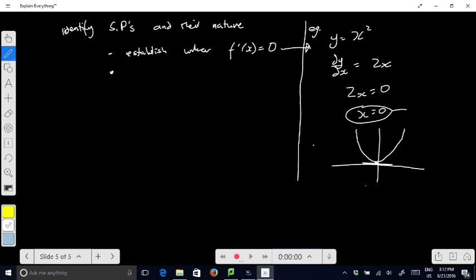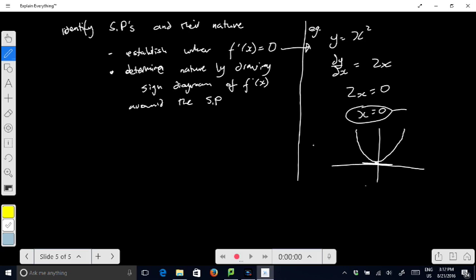The second part is determine the nature by drawing the sign diagram of f'(x) around the stationary point, or alternatively by testing the slope of the tangent at selected points either side of it, as I showed before.